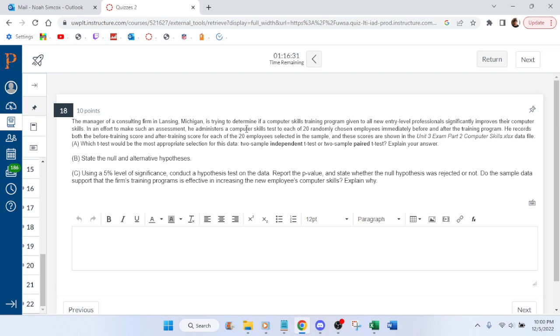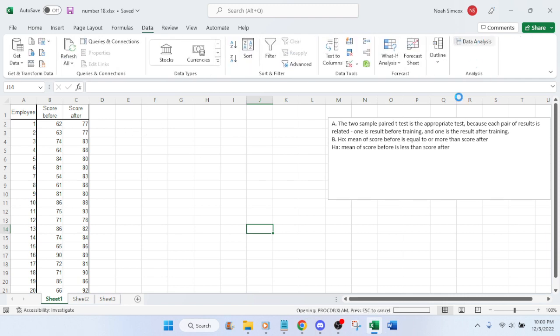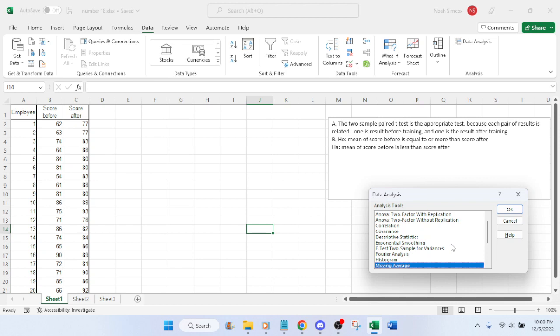5%. Conduct the hypothesis test on the data. Okay, so I know how to do this. You just look for paired. We have t-test paired two sample for means. That is the correct one, right? It's got to be it.